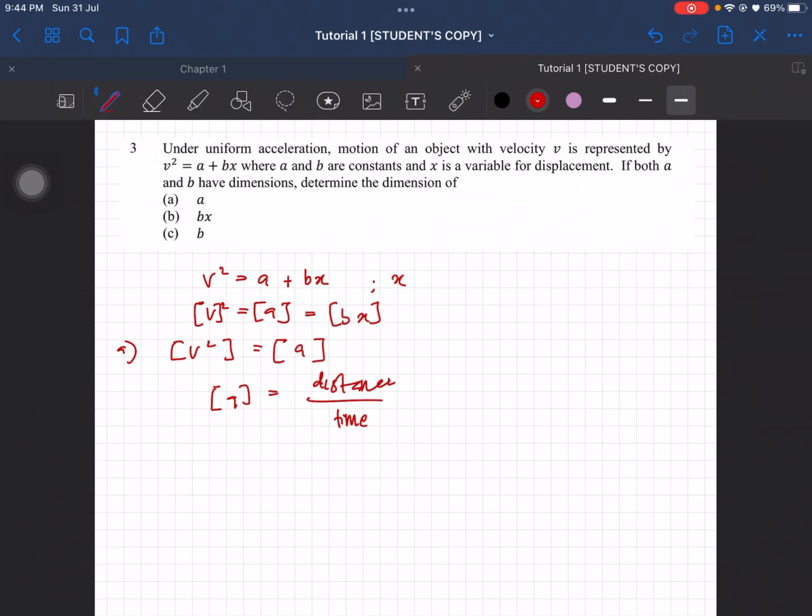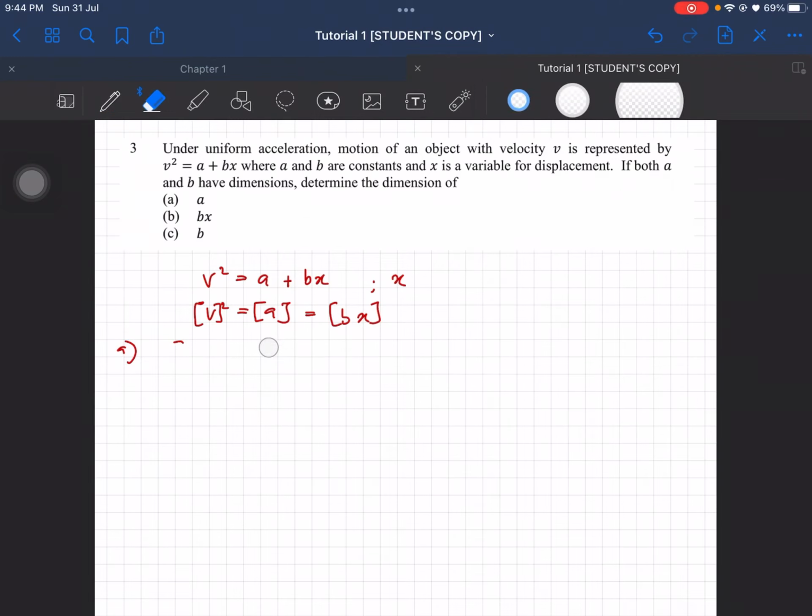So no, I'm not going to do it that way. Let me just rethink how I am going to solve this. Okay, so we are going to look for the dimension of a. So this is a, this is equal to v square. So we are only going to focus on this part here because we are only considering the dimension of a.